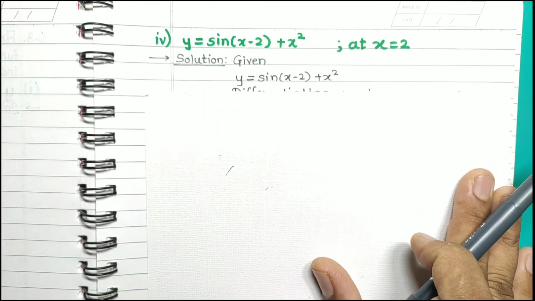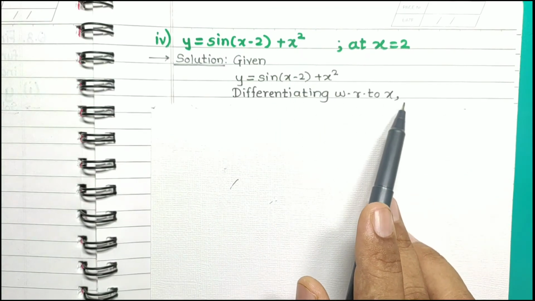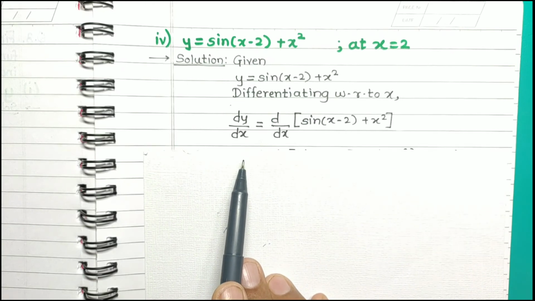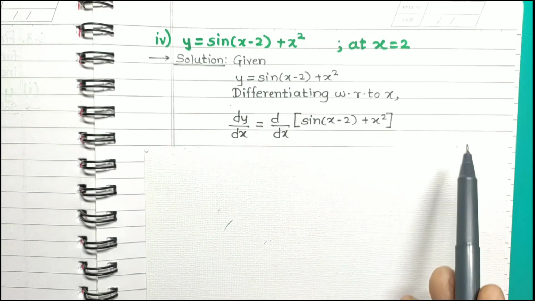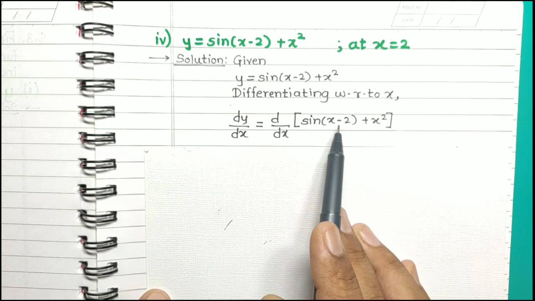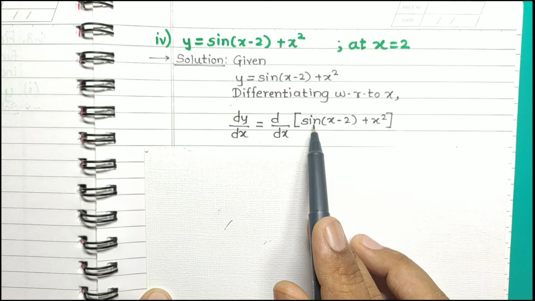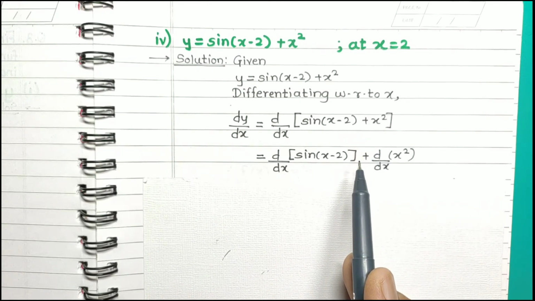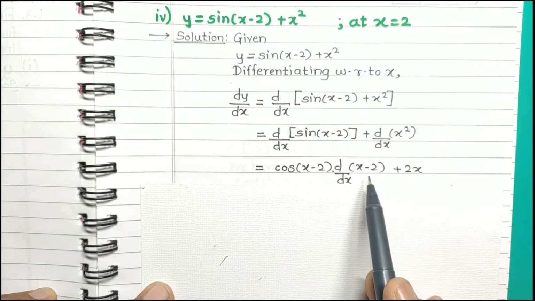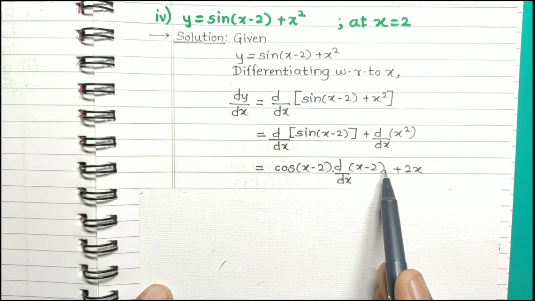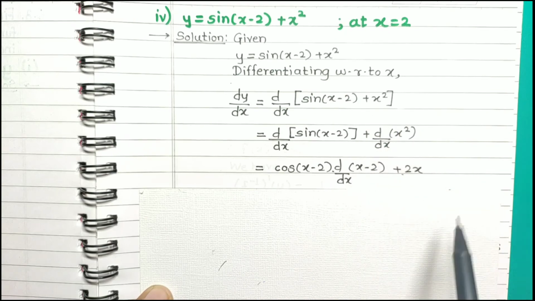So in the solution, you write down the given function, then differentiating it with respect to x, we have dy by dx is equal to the derivative of sin(x − 2) + x². For the derivative of sin(x − 2), use the chain rule. It is sine of something, so the derivative is cos of something into the derivative of something, which is x − 2, plus the derivative of x², which is 2x.